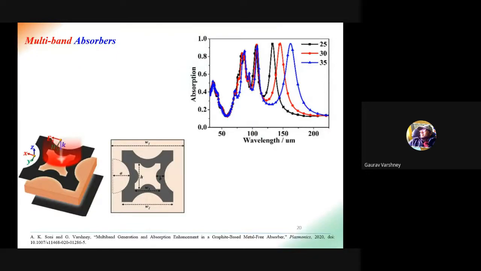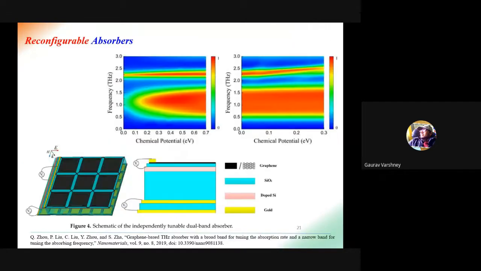In fact, multi-band absorbers, you understood already, we discussed that multiple peaks are there in a particular spectrum. And reconfigurable absorbers, you understood, using graphene. At gigahertz frequency, we generally utilize varactor diodes, PIN diodes, and other things. So many things can be utilized for reconfiguration purposes, but at terahertz and optical frequency, we utilize graphene-like materials.